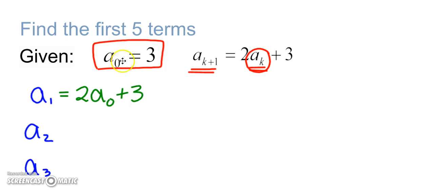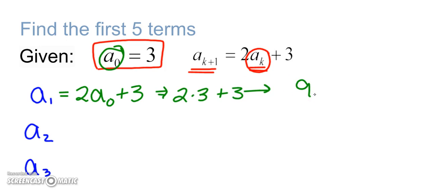Well, luckily, they gave me a sub 0 is equal to 3. So this is really equal to 2 times 3 plus 3, which is going to give me an answer of 9.